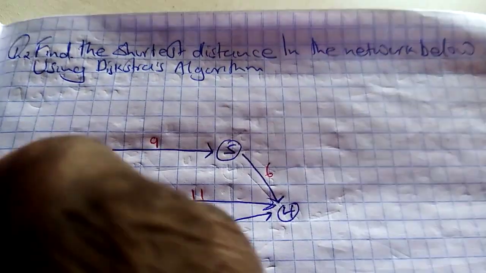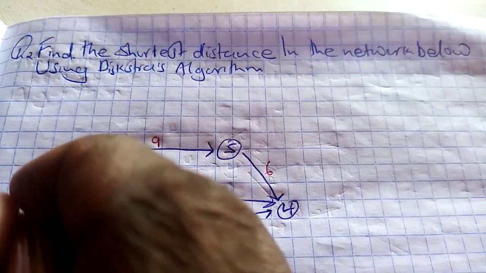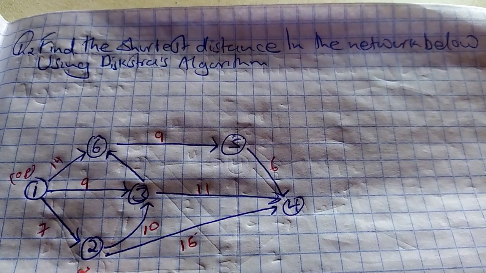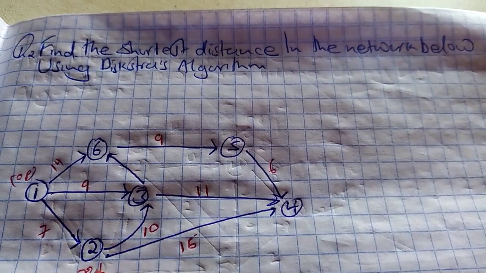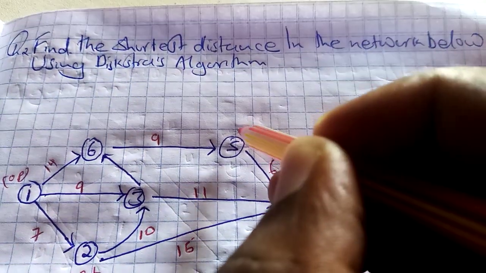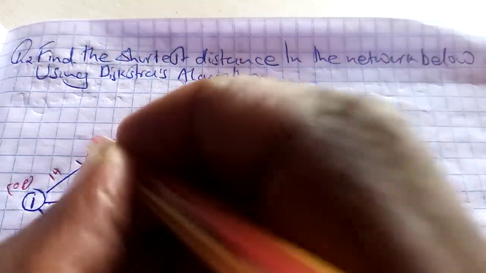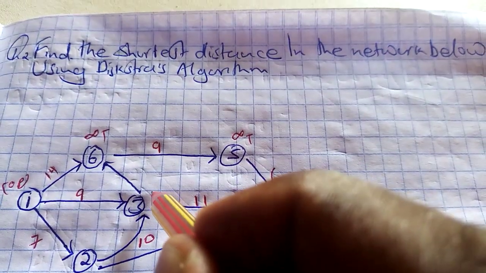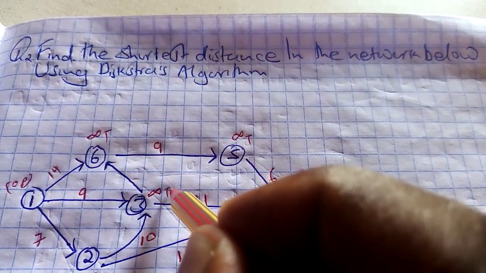So we start by identifying this as 0p, and now the rest becomes infinity, temporary, infinity, temporary, infinity, temporary, and also this one is infinity, temporary.